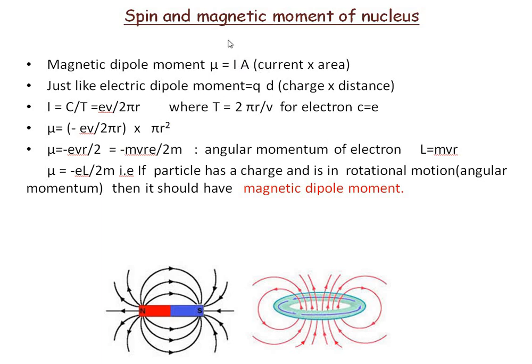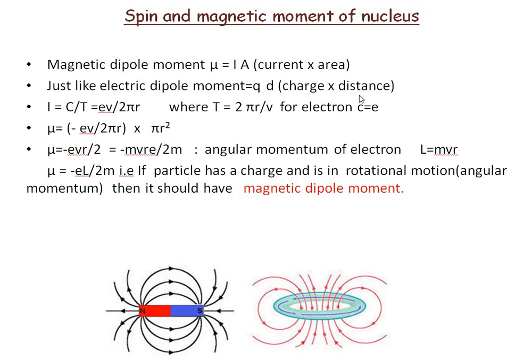So we are going to calculate what mu is. We know that the current I is equal to charge divided by time period T. Suppose an electron is revolving in a circular orbit. The time period is given by distance covered divided by the velocity. The distance covered is 2 pi r and v is the velocity, so the time period is equal to 2 pi r by v.